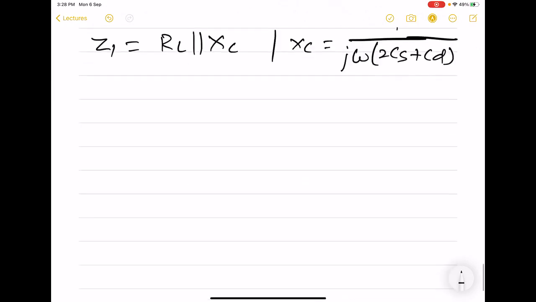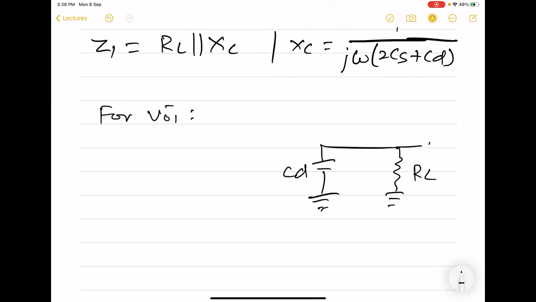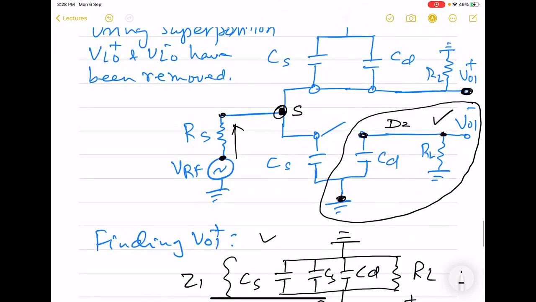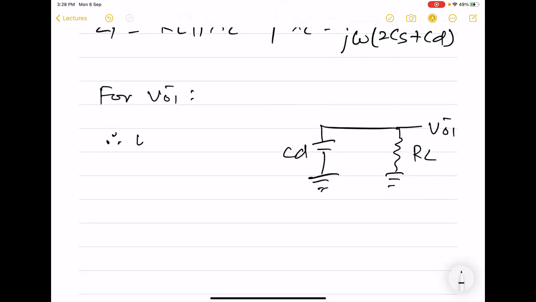So for finding out VO1 minus, the circuit that we have is this one. It is not connected with RF, because the RF signal comes from here and goes to ground like this via this CS. Therefore, VO1 minus is equal to 0.